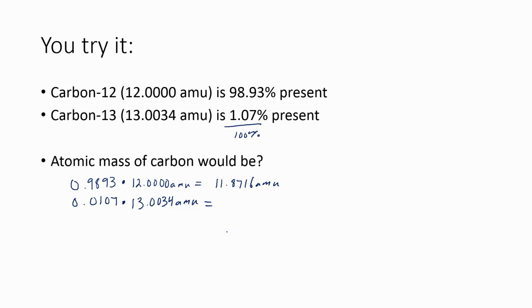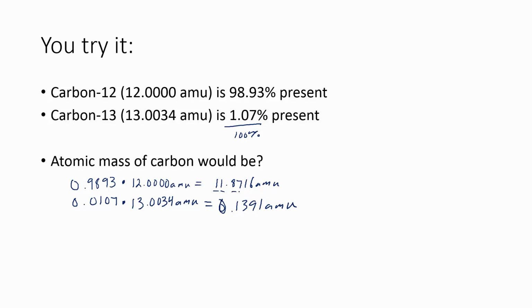So 0.0107 times 13.0034, and we get 0.1391 atomic mass units.